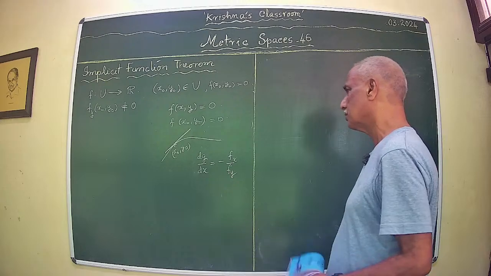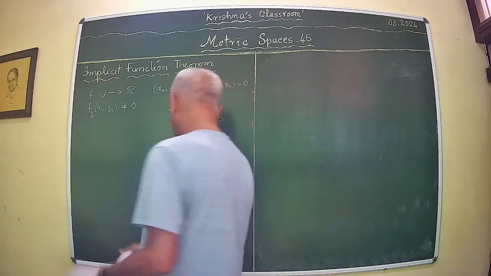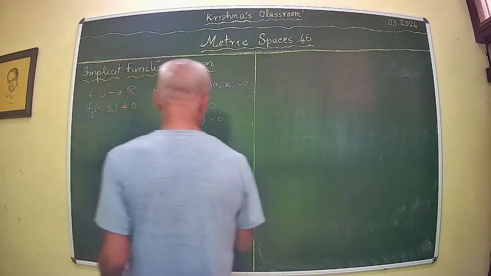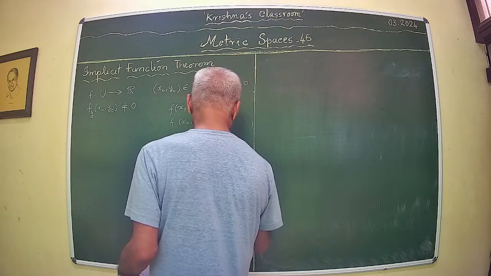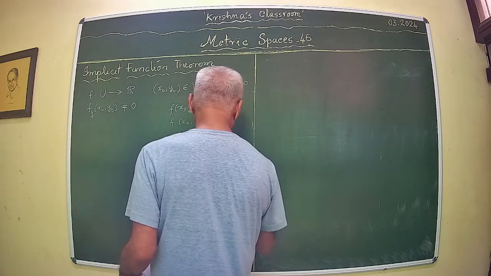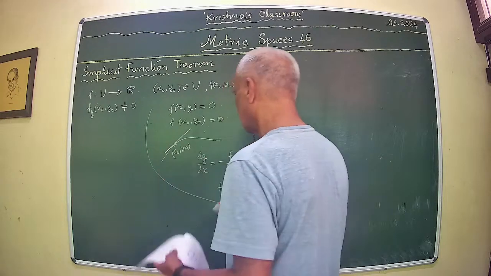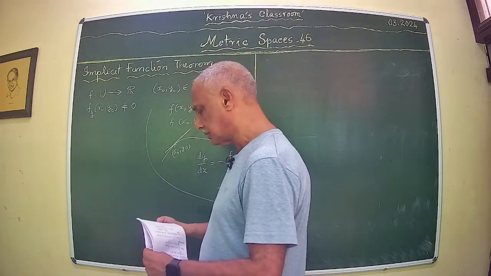So these are the two conditions under which things go wrong. In short, it's all summed up by saying that Fy at x0, y0 is not equal to 0. That takes care of all these situations. So let us prove this theorem.